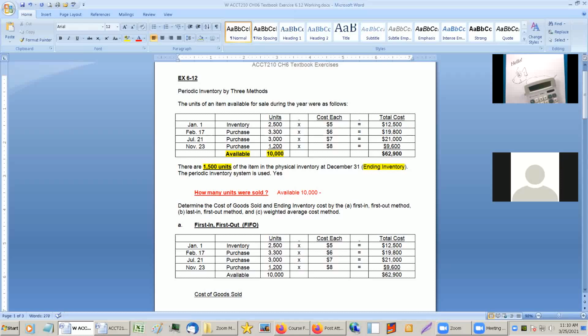And 1,500 of them were not sold, for the ending inventory.